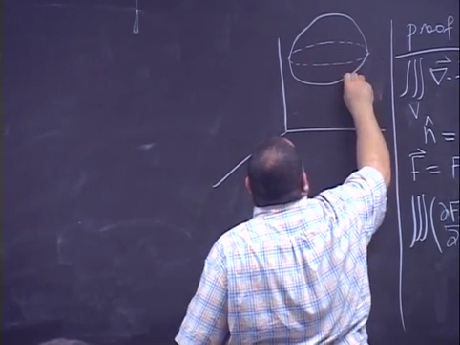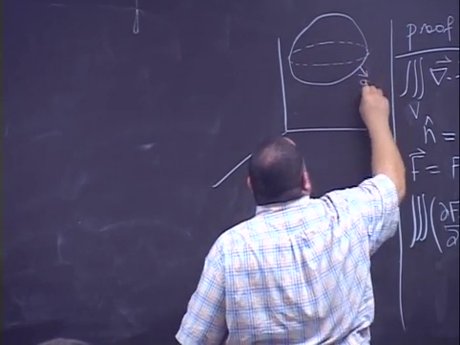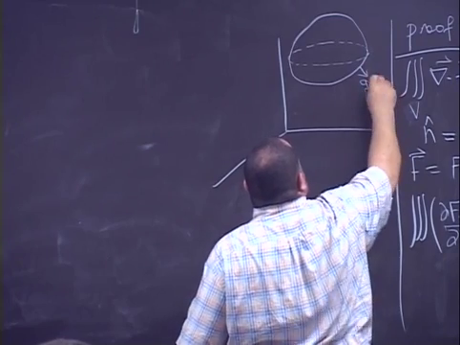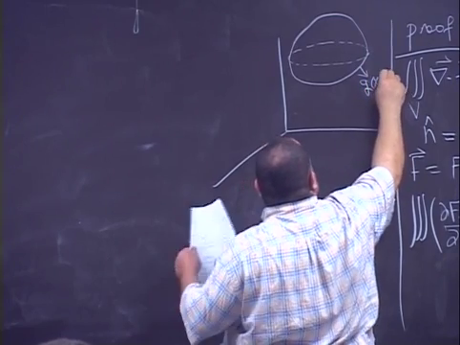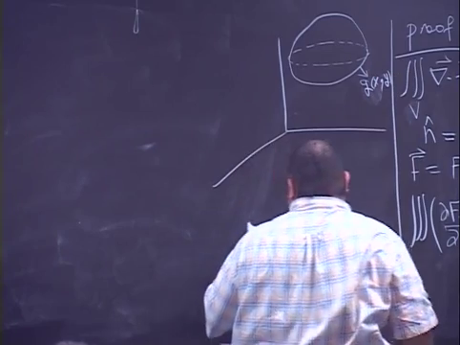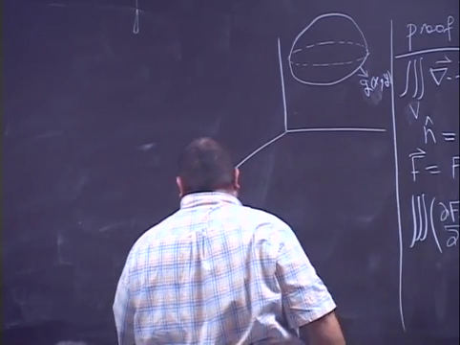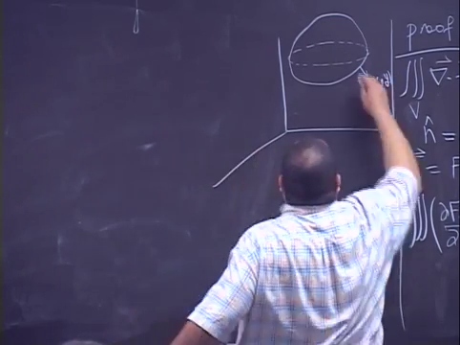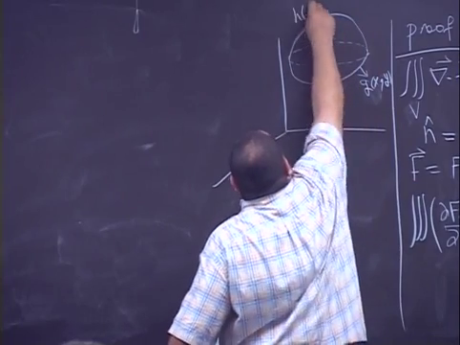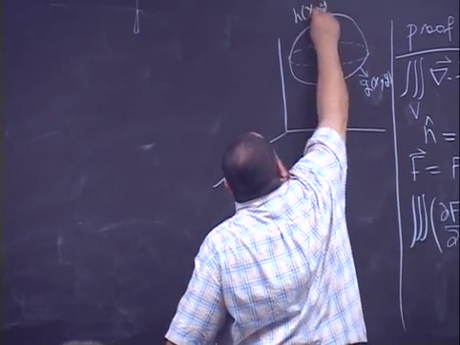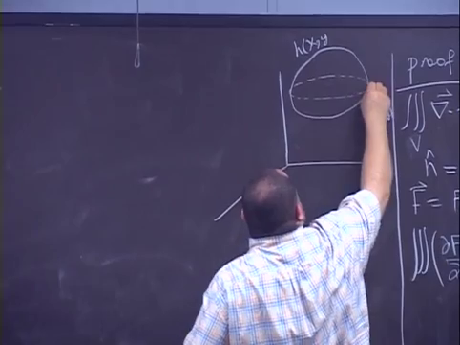The lower part of the surface can be represented by a function g of x, y, for example. And the upper surface here is h of x and y, and this is something like an equator here.